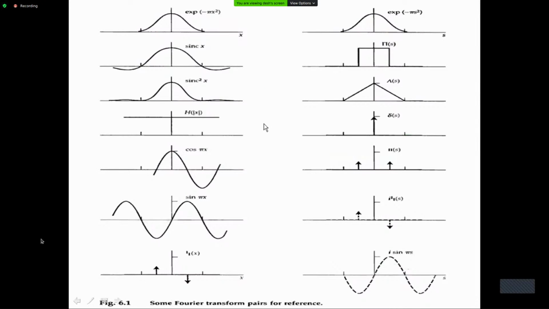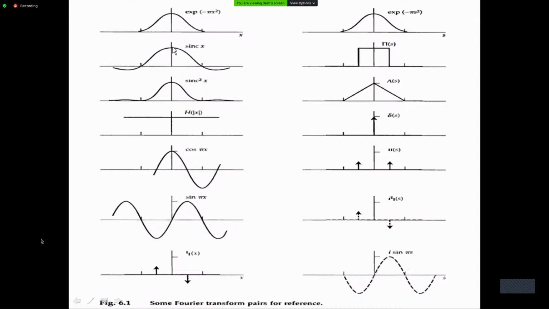Okay, there are some transforms which are easy to note and remember, or easy to have on your fingertips, and I will mention those. This is the famous Gaussian function. A Gaussian function transforms to another Gaussian in the other domain.